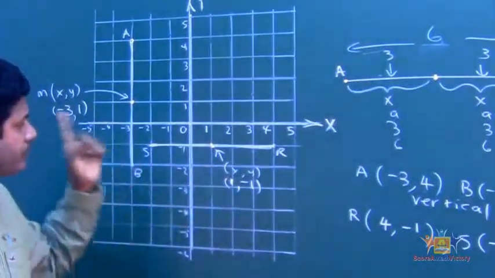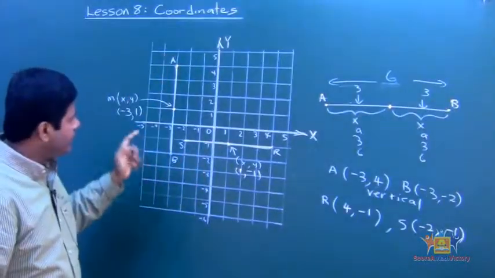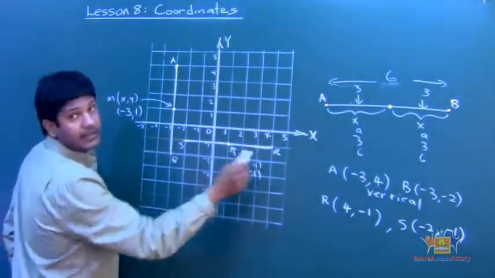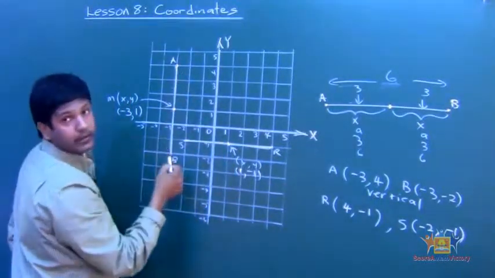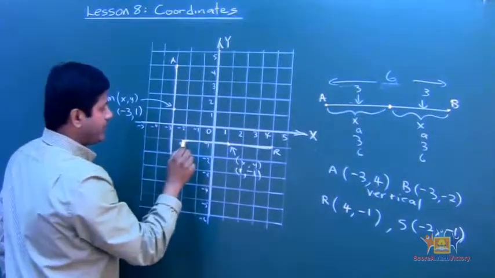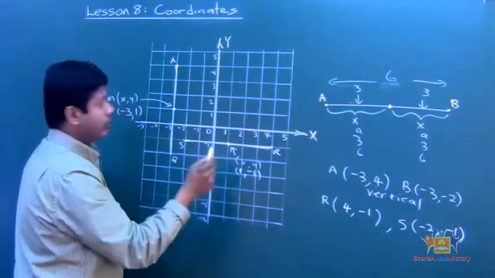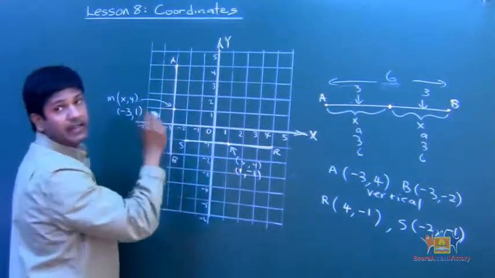Now look at that. For vertical and horizontal lines, it's pretty easy to find the center point, the midpoint. We count the length and then we divide that by 2.